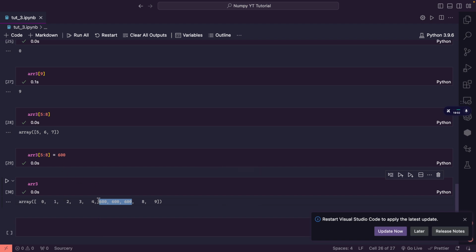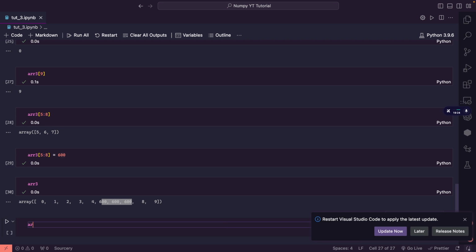Because we said it starts from the fifth position. What is the fifth position? 0, 1, 2, 3, 4, 5th. This is the fifth position. We went from fifth, sixth, seventh, and at the eighth position we stopped. And the value in the fifth, sixth, seventh position is nothing but 600. So that was something that we need to know.